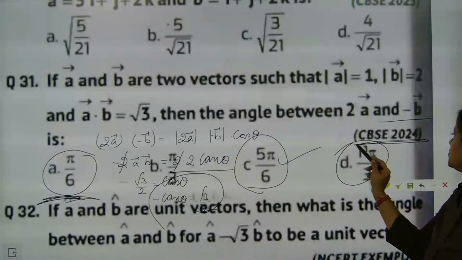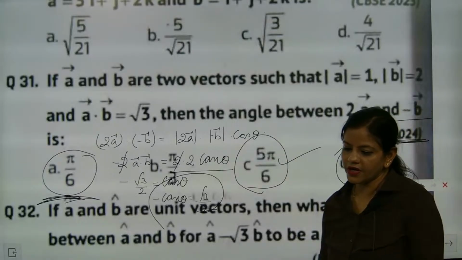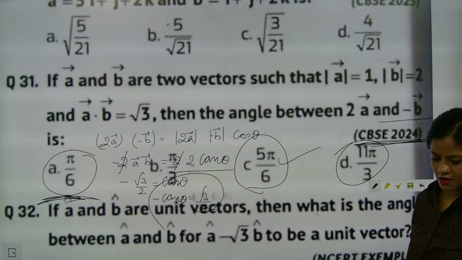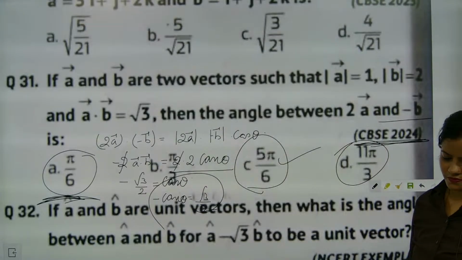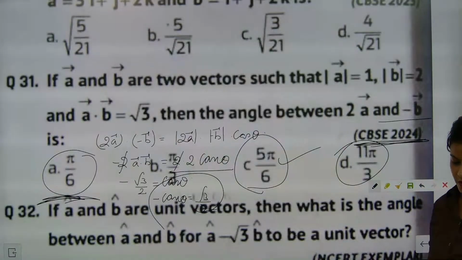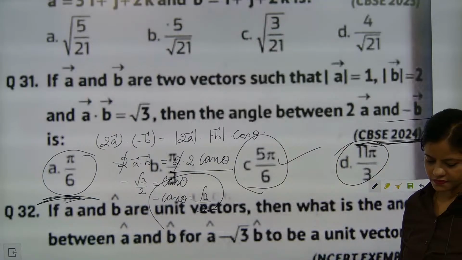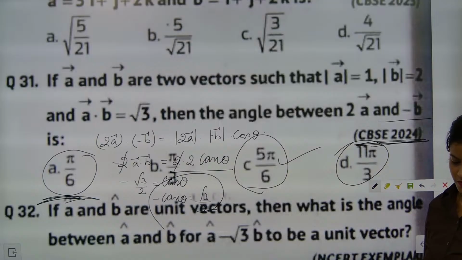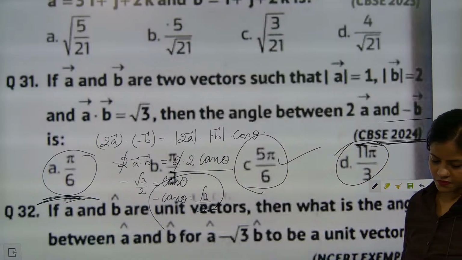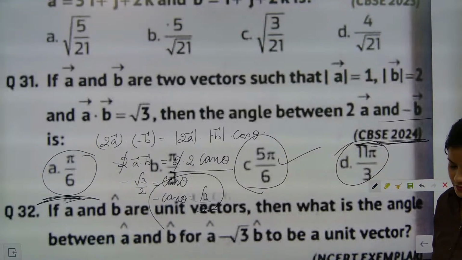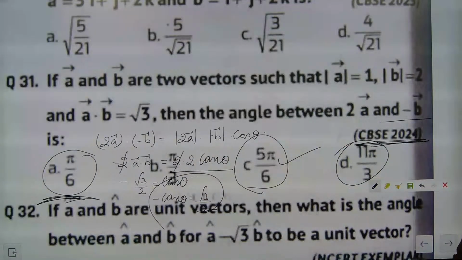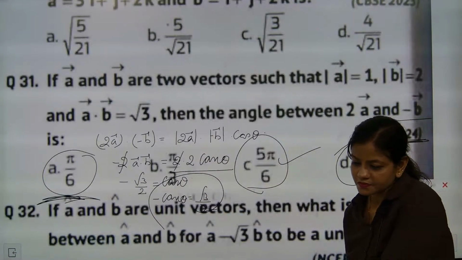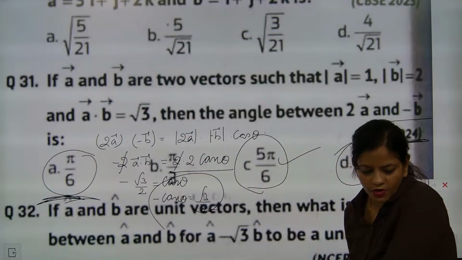But this is a CBSE 2024 question. So one more time, analyze. One thing is missing here. Between, positive part will be coming.